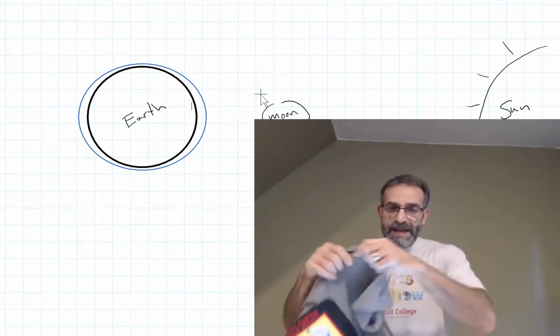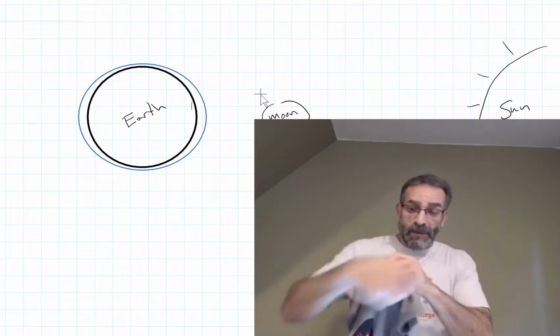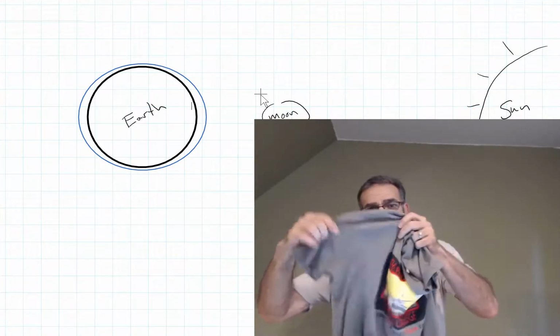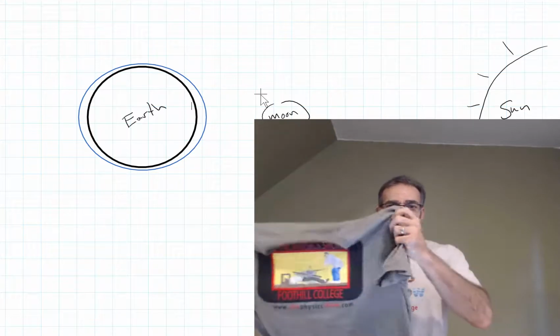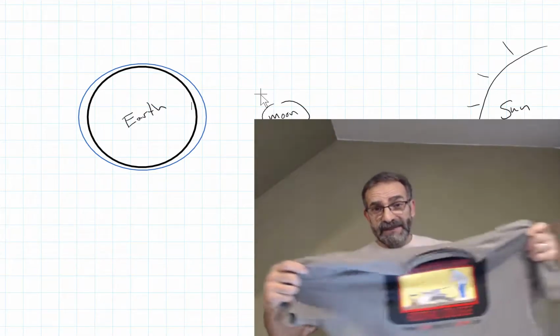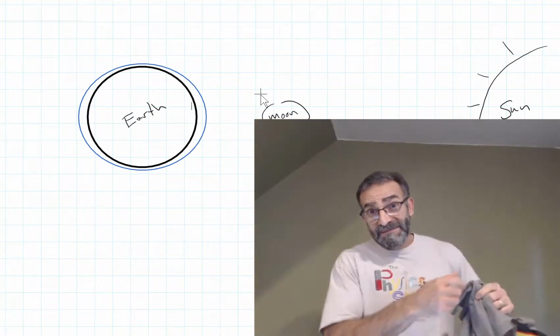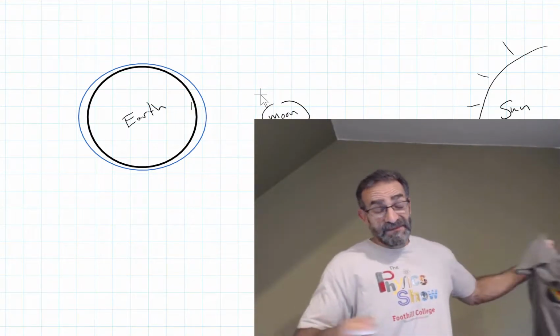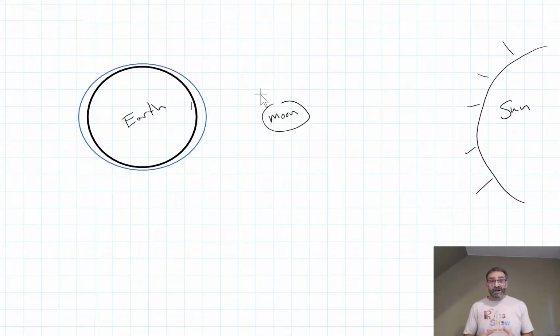But if I pull on this sleeve with a big force, and I pull on this sleeve with a small force, well, as I pull, my shirt becomes stretched, and if I keep that up too long, my shirt's going to rip in half, isn't it? That's what we call a tidal force. When the force is different on one side of the object than it is on the other side of the object.